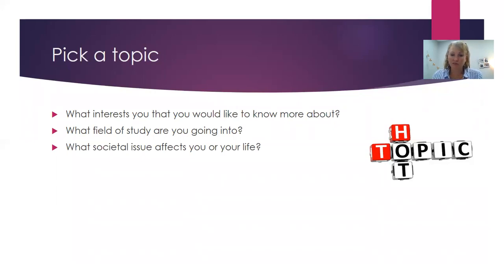Or you could do a societal issue, or you could do something that affects your life currently, a genetic disease, could be something that you deal with within your family. Any type of hot topic that you would like to investigate, research, and learn more about.